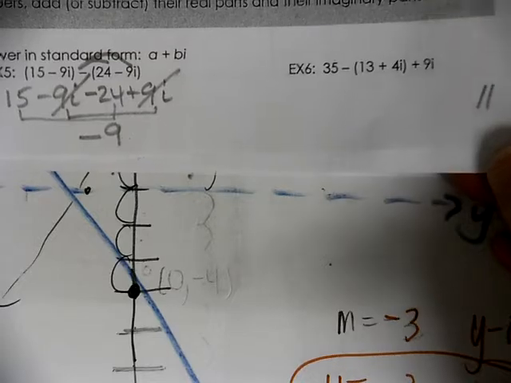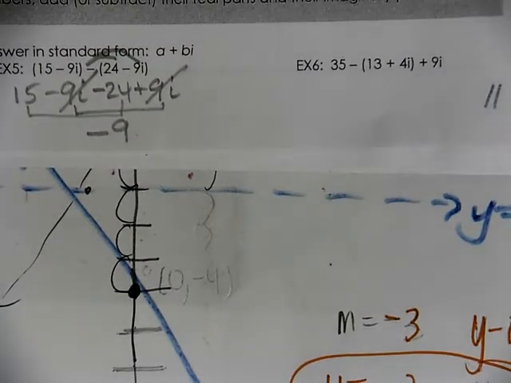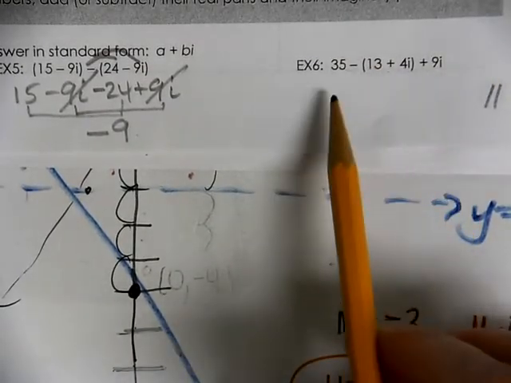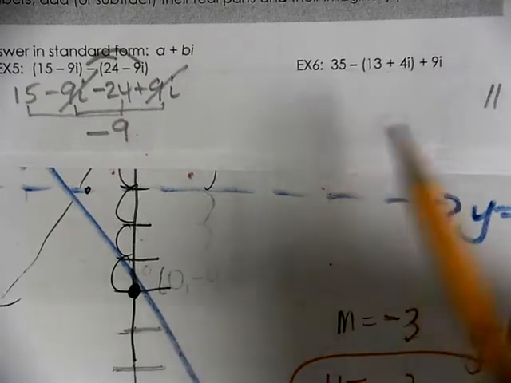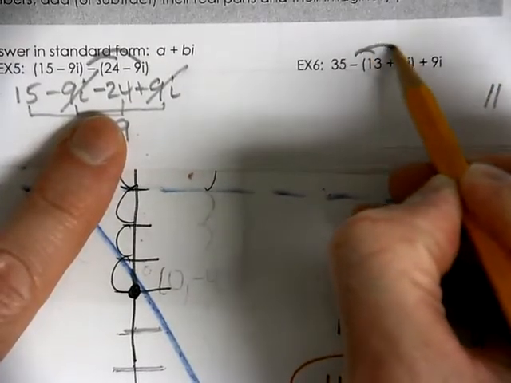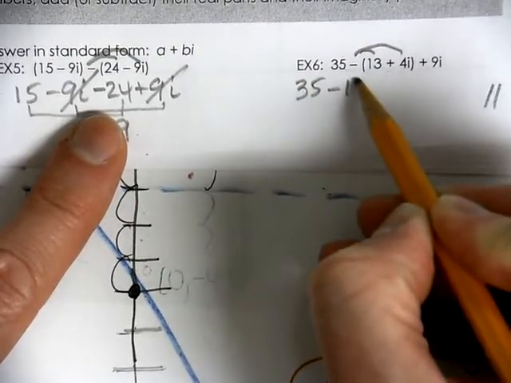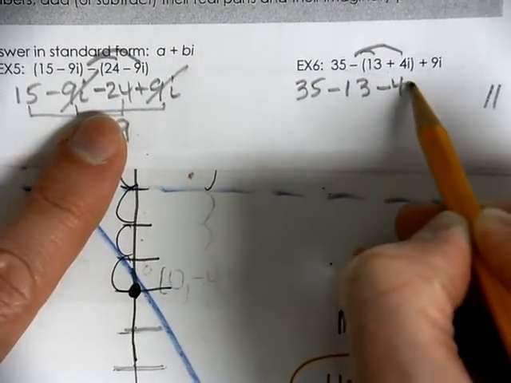This last one, the parentheses are needed because you have a negative in front of it. You have to distribute that through. It's a -1 in this case. So when we multiply it through, it doesn't change the value of the number, it just changes the sign.